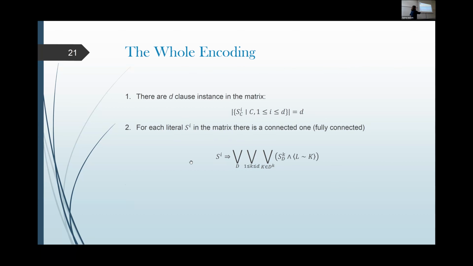But I have to tell you that it just means if you choose a particular clause instance to be in the matrix, you have to go through all possible clauses that exist in our input clause set, take all potential clause instances of it, so all up to 3 instances of it, choose each literal out of them, and say that this clause instance is in fact also in the matrix, and that the respectively chosen clause literal instance is connected to the literal in the clause instance that we just assigned to in the matrix.